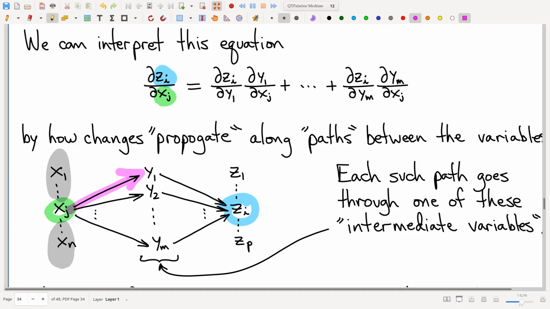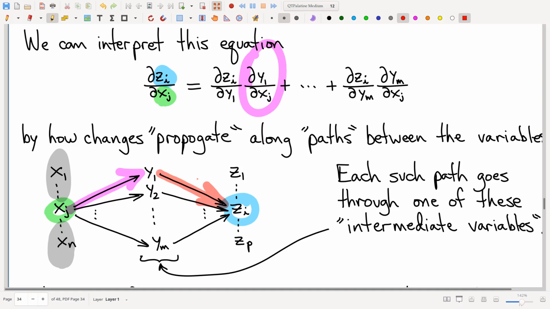By what factor do changes in xj get magnified to result in the corresponding change in y1? Well, that's a partial derivative, right? The factor by which y1 changes, more than xj, is that right there. That's what a partial derivative is. But that said, from that, by what factor does zi change in comparison to how much y1 changes?